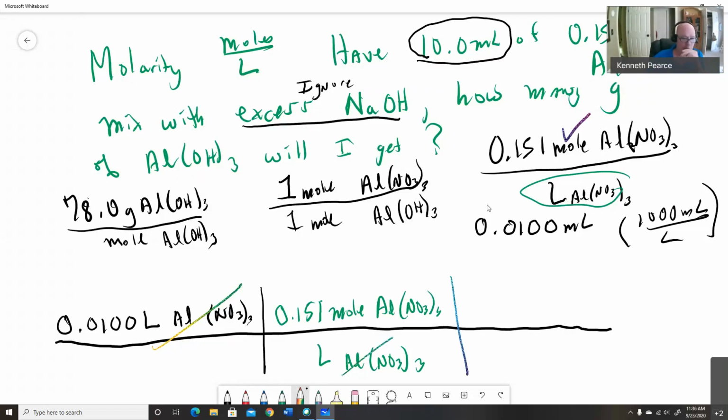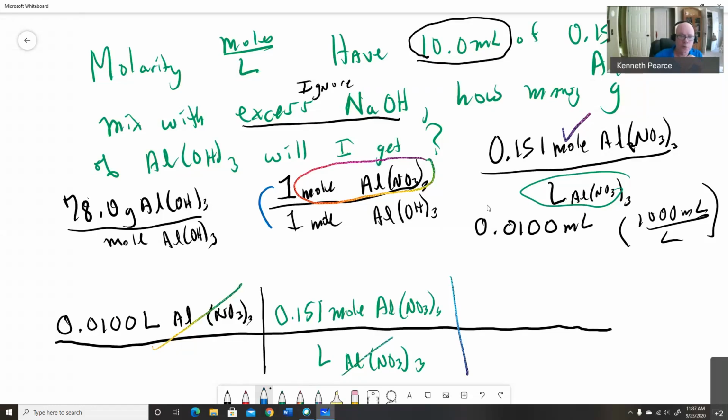So now what do I need? I need what has moles aluminum nitrate in it. And the only place that has moles aluminum nitrate is right here. And so that's what's going to go up next, the mole ratio between the two. And so I'm going to go ahead and put that down in here. Now I need aluminum nitrate on the bottom though, because the moles aluminum nitrate needs to cancel with the moles aluminum nitrate.